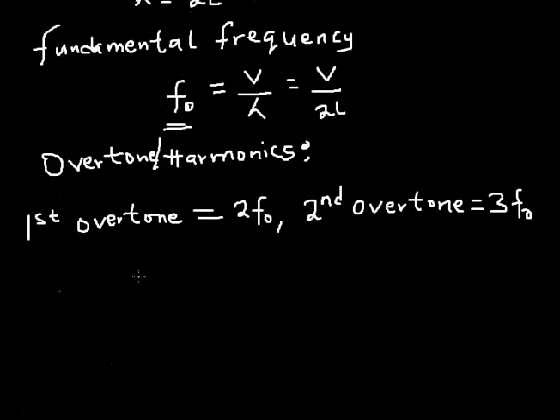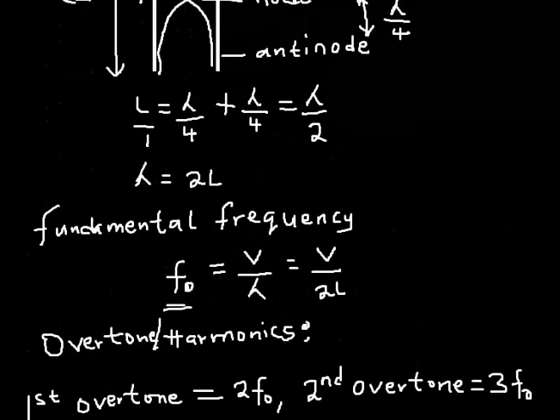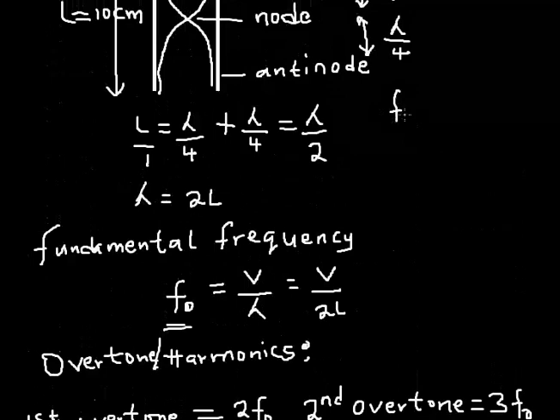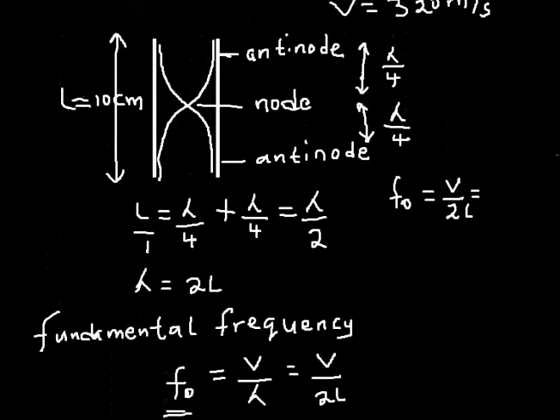First of all, I have to get the fundamental frequency, which is V over 2L. So it's 320, the velocity of sound in air, divided by 2 times the length of the air column.